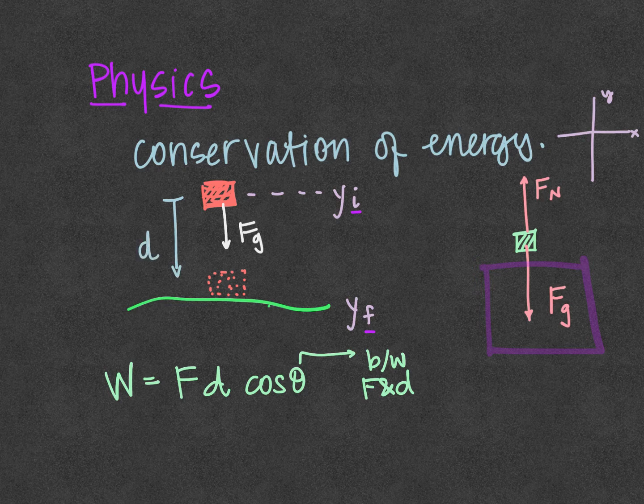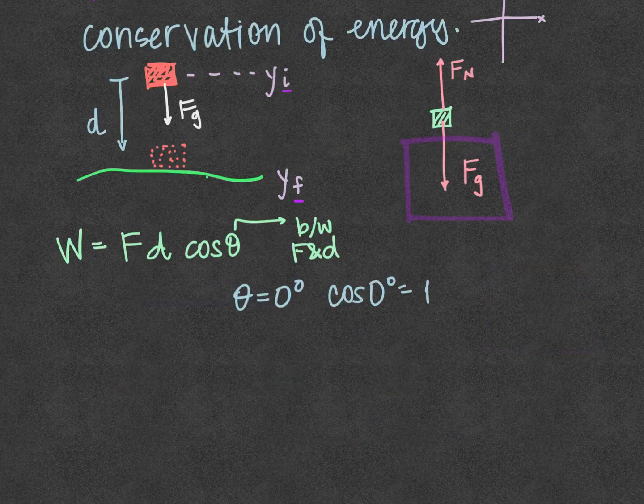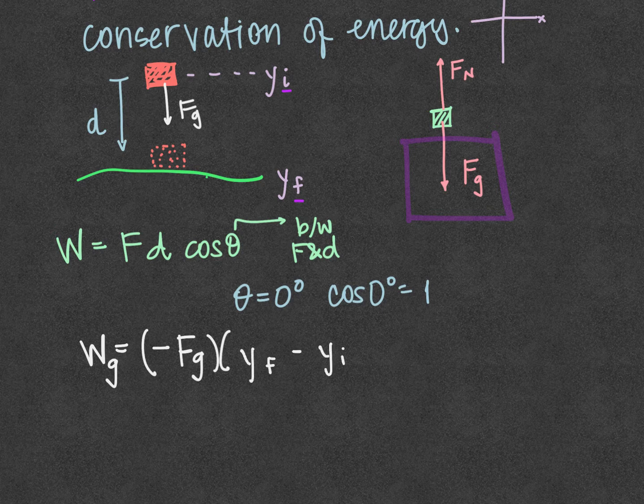The angle between down and down is 0, so theta equals 0 degrees, and the cosine of 0 degrees is 1. This means that the work done by our gravitational force will be negative Fg, because it's pointing down, times our displacement, which will be the final position minus our initial position.